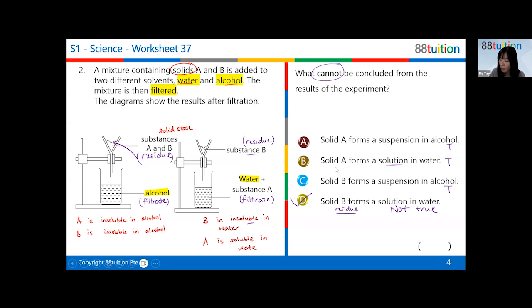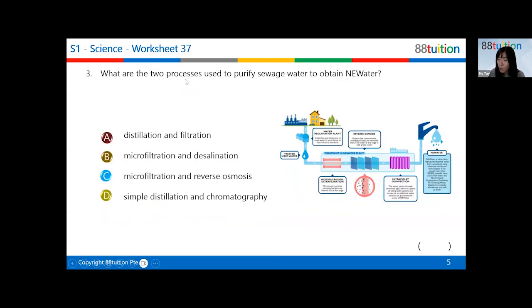Now, next, let's go on to question 3. What are the two processes used to purify sewage water to obtain NEWater? Now, you have studied already the NEWater. You know the processes that are actually taking place when you want to get NEWater from the sewage water.